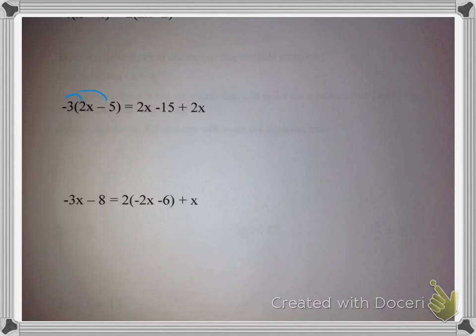So I'm going to distribute again and get negative 6x plus 15 equals 2x minus 15 plus 2x. So here we're going to distribute, but we have a little situation over here that we have like terms. When you have like terms on the same side of the equal sign, you have to add them together.